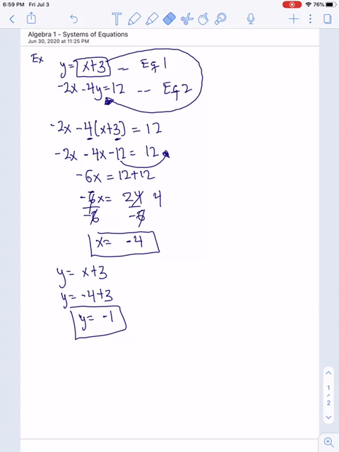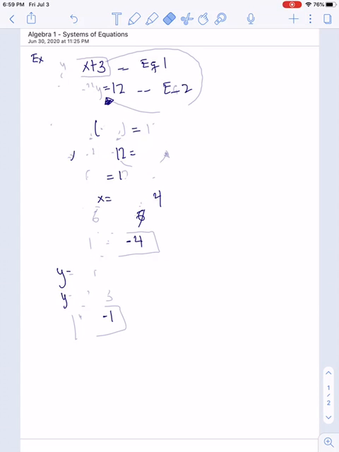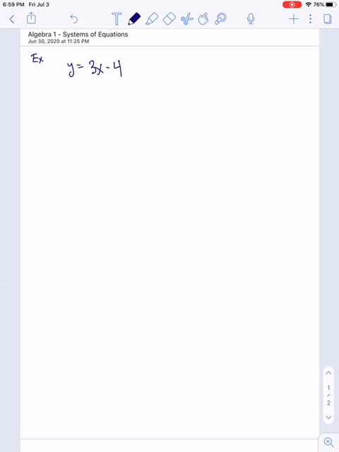All right, let's go ahead and do another problem. Our next problem is y equals 3x minus 4 and negative 2x plus 2y equals negative 8.